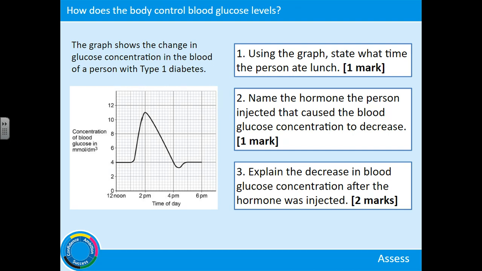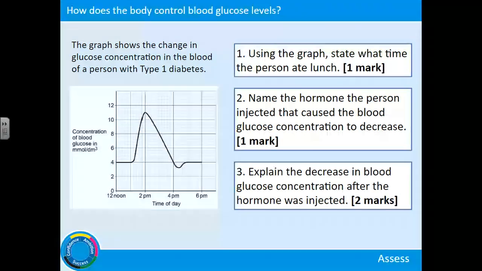Secondly, I would like you to name the hormone the person injects, which causes the blood glucose concentration to decrease. We have looked at this hormone earlier in the lesson, and it will also require you to know a little bit about diabetes, but I'm sure you can answer this question quite easily. And then our last question, I need you to explain the decrease in blood glucose concentration after this hormone was injected.